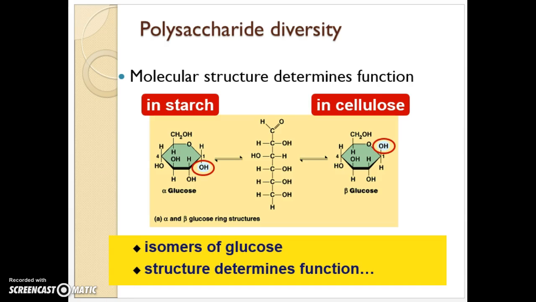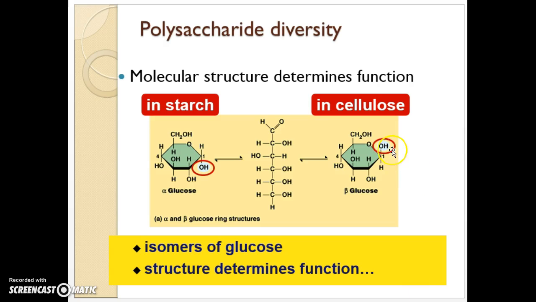So molecular structure determines its function. And what we find with carbohydrates, just as we find with many other of the biomolecules, there can be isomers. So in terms of glucose, we have the alpha and the beta form of glucose.